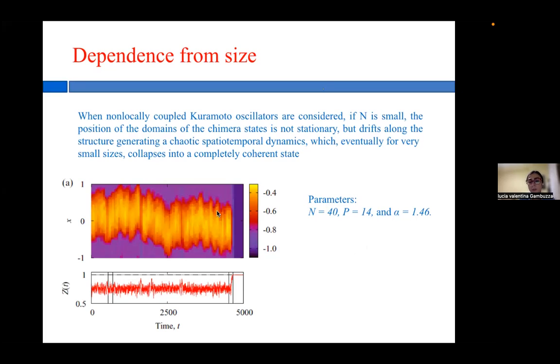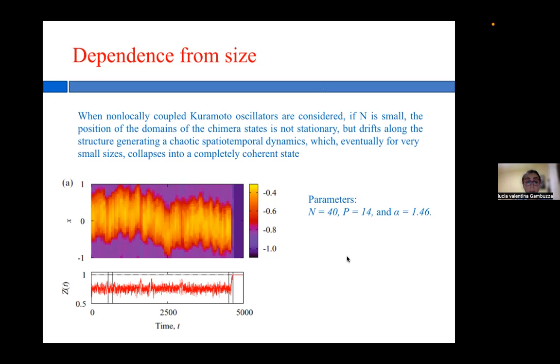This is a particular case, and I don't know if there are other parameters responsible for the life of the chimera state. But I can say that the initial condition, the number of neighbors, and the way in which the units are connected are the critical ingredients for the onset of a stable chimera state.